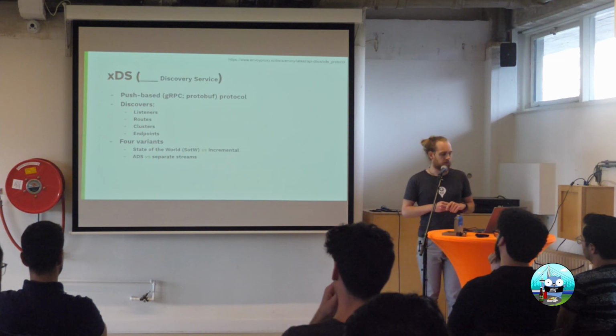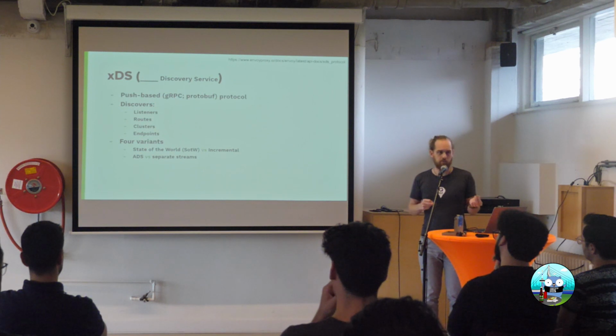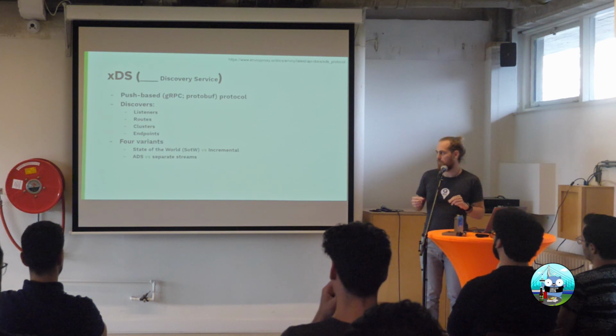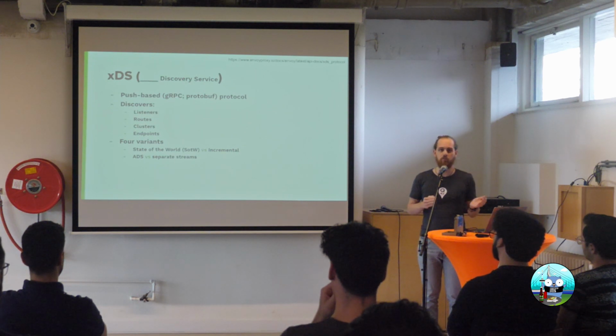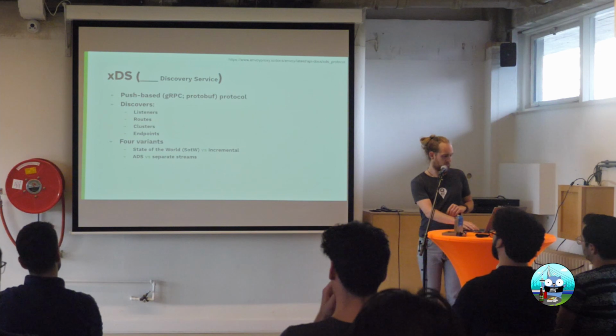And you can also say, give me the entire thing at once, or send me incremental updates. So this is a different thing. If you need the performance, so you have a large cluster with a lot of endpoints, for example, you might want to do incremental, but in a small case, we don't need that in the first place.